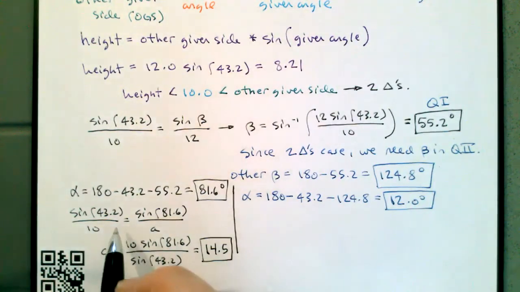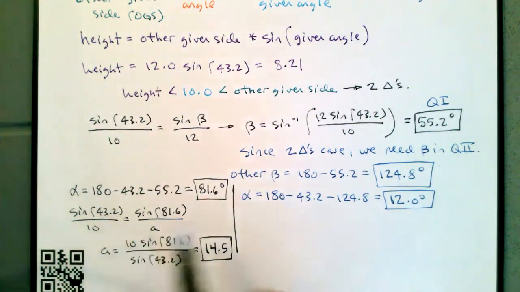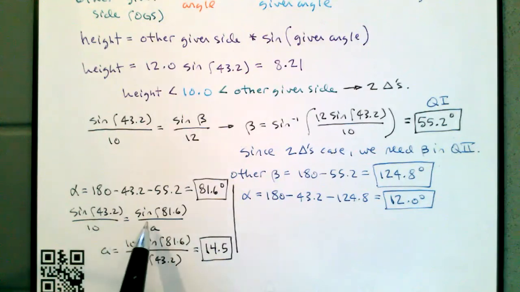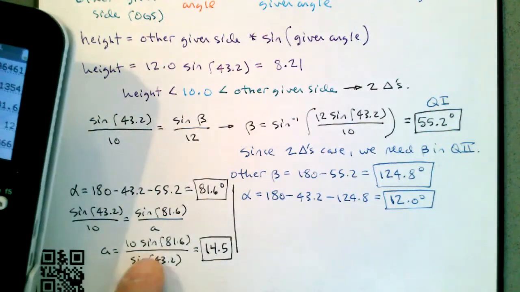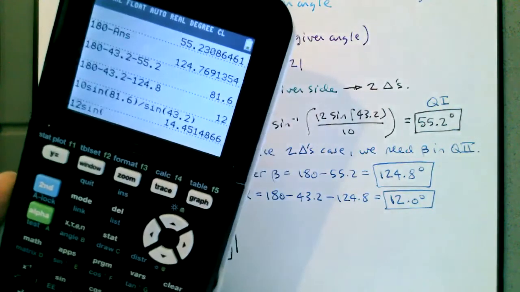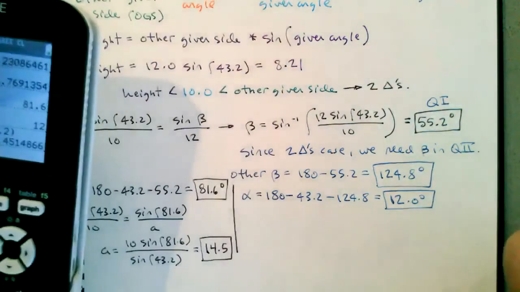So yes, at this point, I used gamma and C because that was the given information. But we could grab the 55.2 and 12. I could set up this ratio as the sine of 55.2 divided by 12 is equal to the sine of 81.6 divided by A. So instead of 10 sine 81.6, I could have done 12 sine of 81.6 and divided that by the sine of the 55.2.